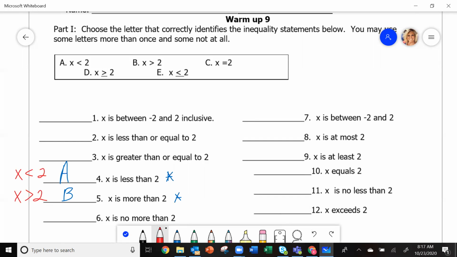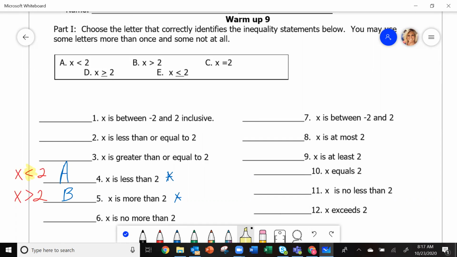I know that some people get confused on which one is which symbol. One way you can do it is, see this symbol right here? Try and make that symbol with your hand. Pick up your right hand and try and make an arrow. Does that look like the one I highlighted? No, it's going the other way, isn't it? So now pick up your left hand and try and make that arrow.